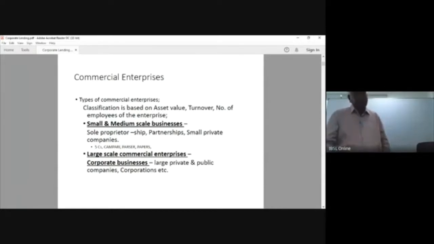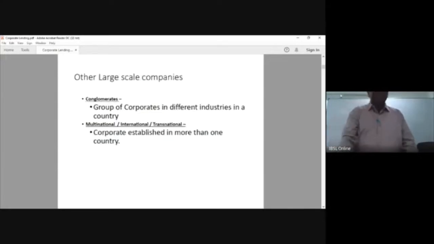Corporate businesses are large private and public companies and corporations. Among large scale commercial enterprises, one category is corporate businesses, and another is other large scale companies called conglomerates.